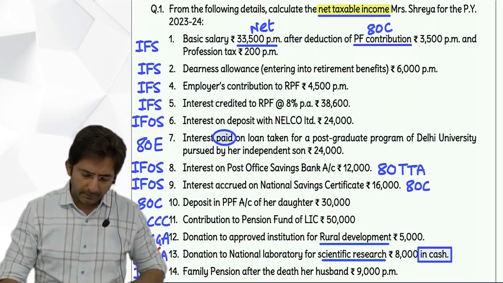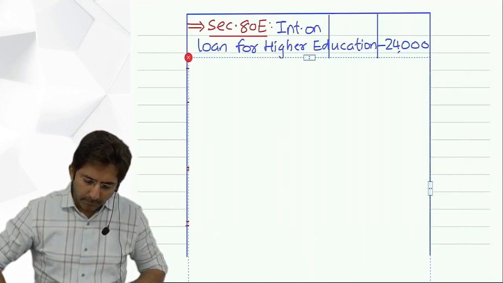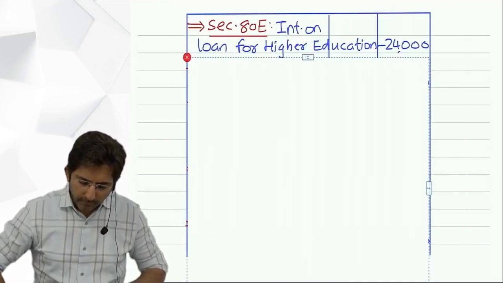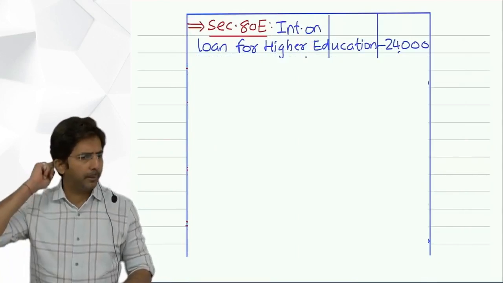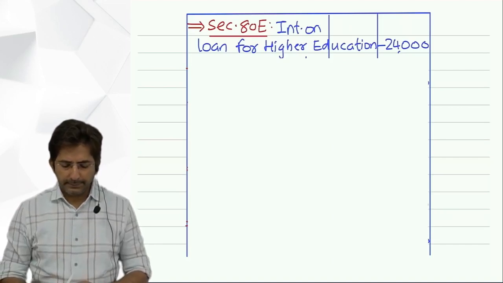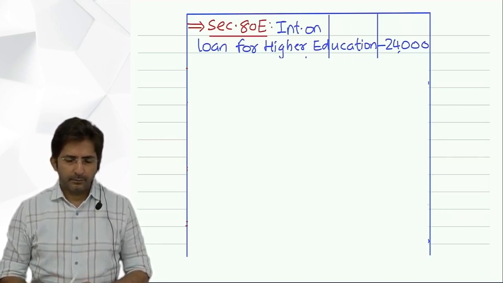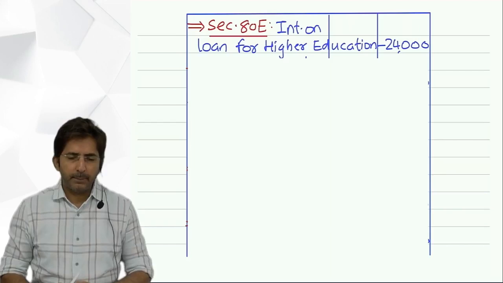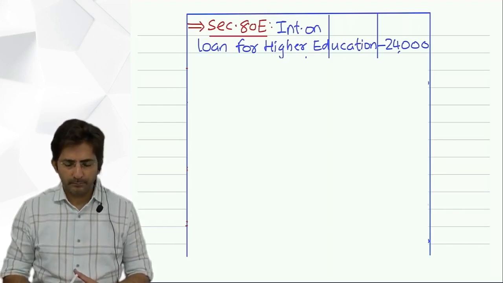So see how I have written. Section number you write with red pen and then the particulars you can write with normal pen. 80E. Any section you can take up and down, that's okay. But I am going now as per the order of the sum.